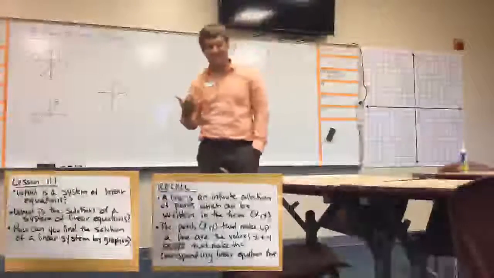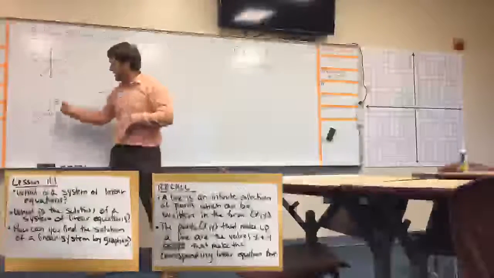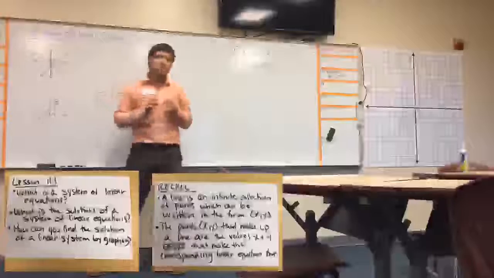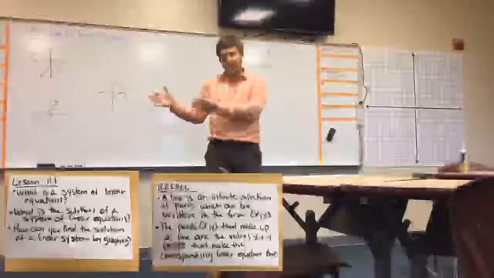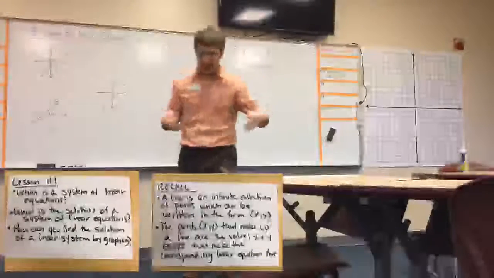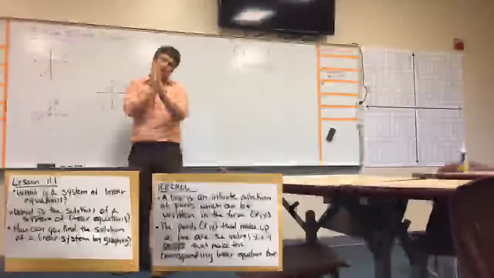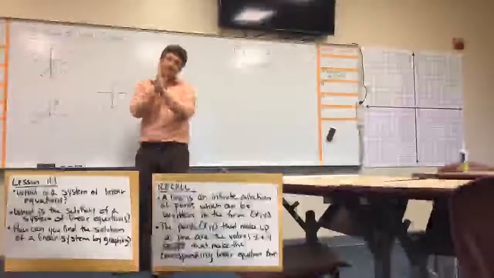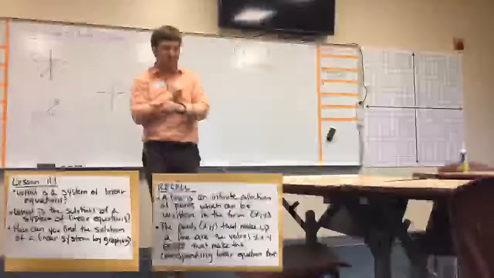The next one is another situation, an example might be x plus y equals 10. This is called a consistent dependent system. That means they intersect at infinitely many points.